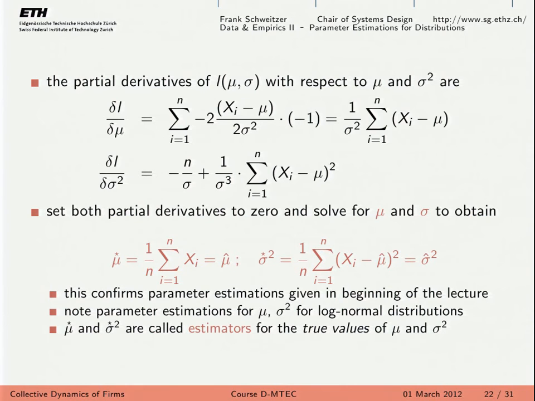I also want you to understand that there is a difference between the estimators, that's something we get from the data, and the true values. The true values are those that have not anything on top, no tilde and no star or something like this.